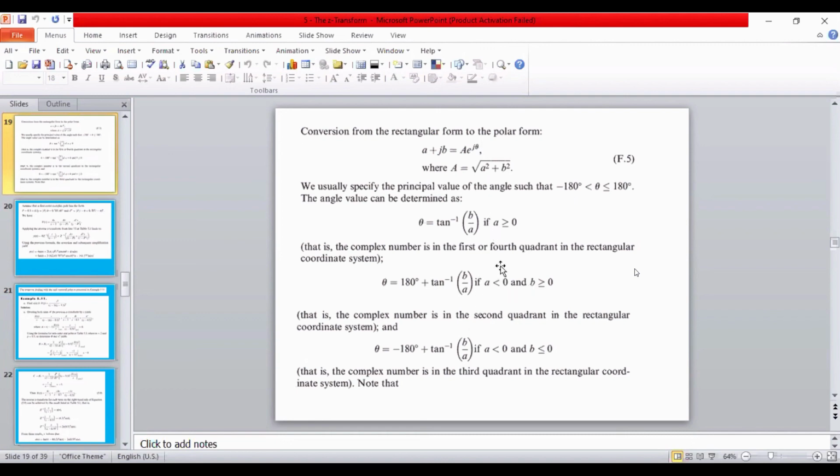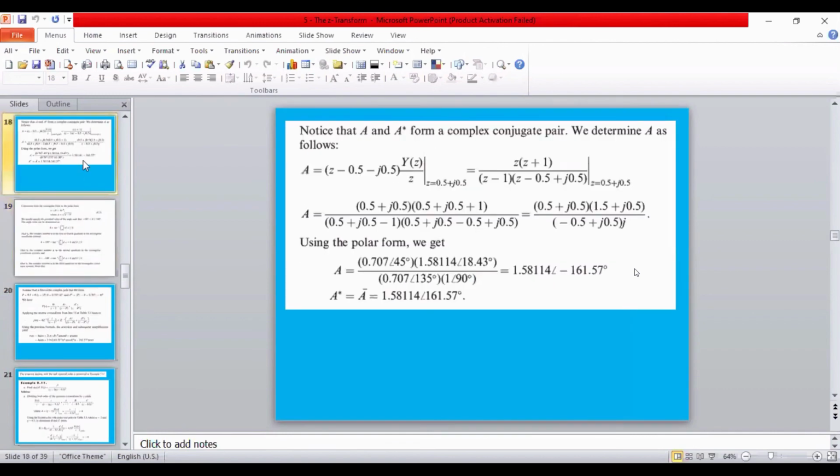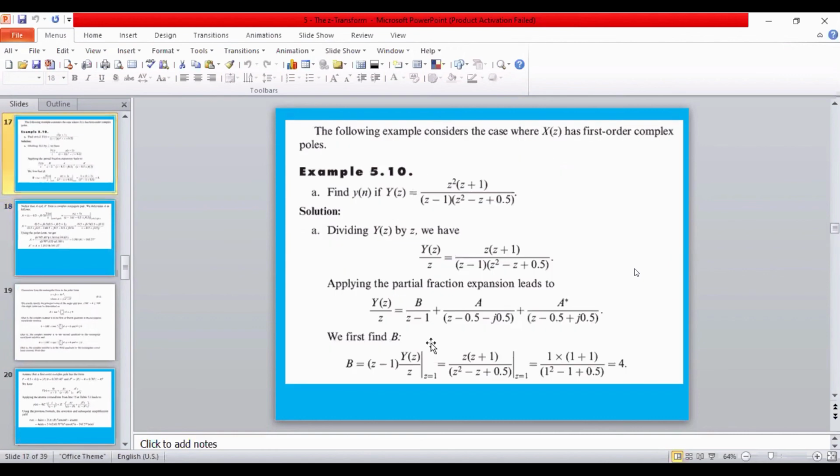So this is a separate note for determining the angle, whether to add 180 degrees or subtract 180 degrees from the phase angle. It's the arithmetic of complex numbers. It's the same principle, but you have to use complex numbers.